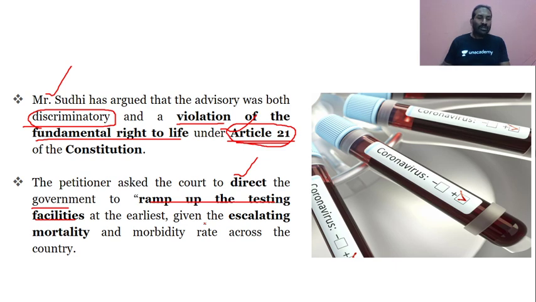So the petitioner has asked the court to direct the government to escalate, that is increase, testing rates, because the deaths are also increasing. Because the deaths are increasing, the ramp-up of the testing facilities should take place. It is a very good initiative by the petitioner Sudhi, who wanted to make sure that the testing is free of cost, and not only that, but that the government ramps up the testing facilities.